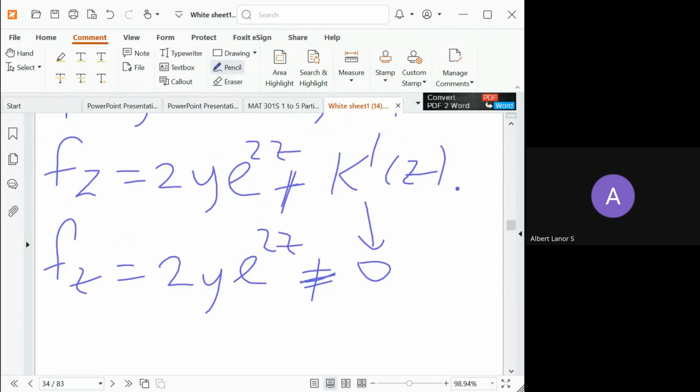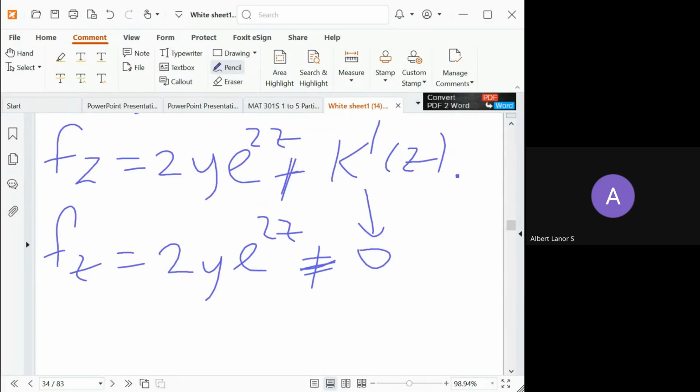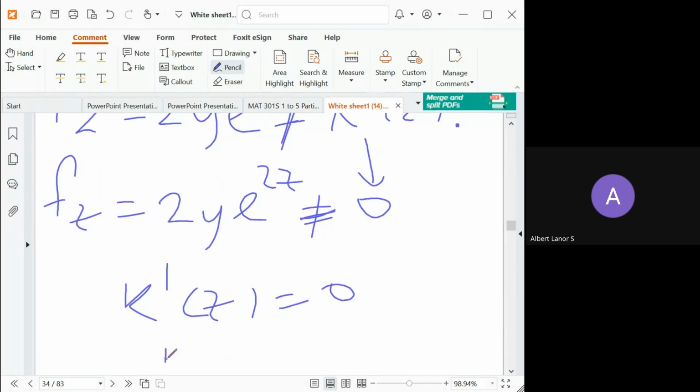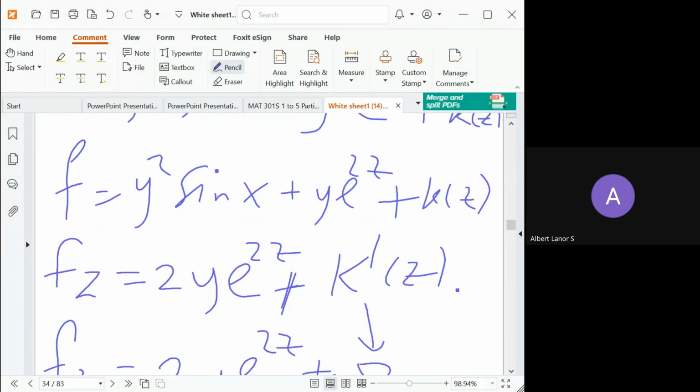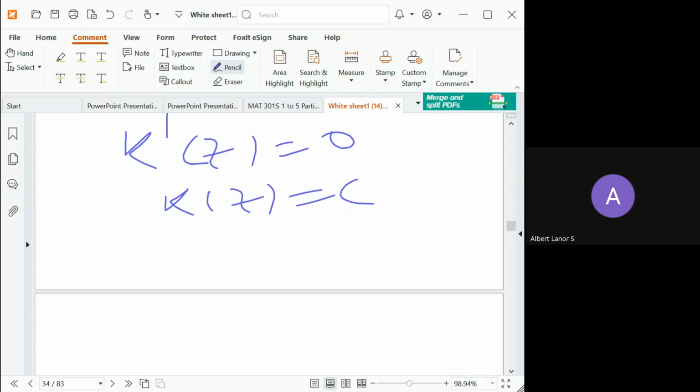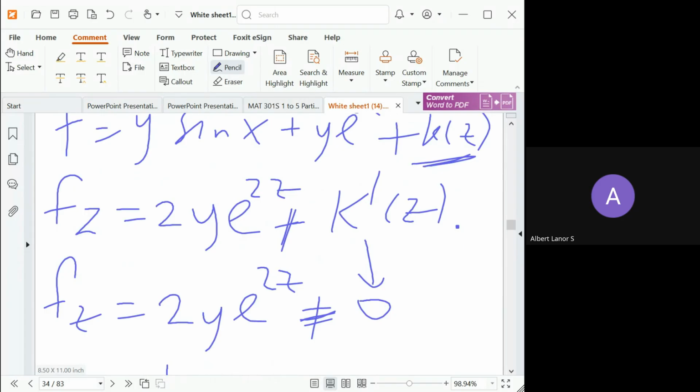constant in Z. So we can say that our K prime of Z is 0. Now, if K prime of Z is 0, then K of Z is a constant. Now, we're going to substitute the K prime of Z into a constant so that we get the final value of F. So F is going to be equal to, what is F equal to?